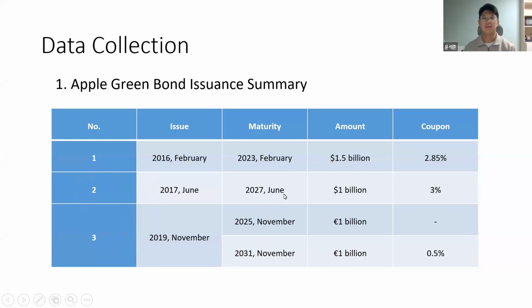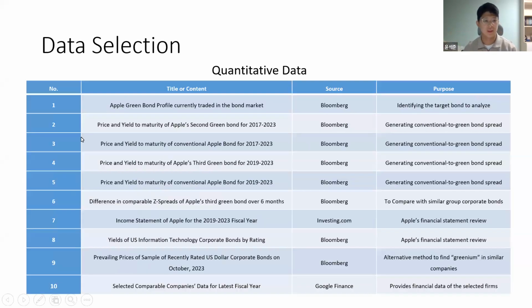I extracted the price and YTM data of these two bonds to analyze. Number 2 is the price and YTM data of Apple's second green bond. Third, to compare with this second green bond, I selected a similar conventional Apple bond. The fourth and fifth are about the third green bond.